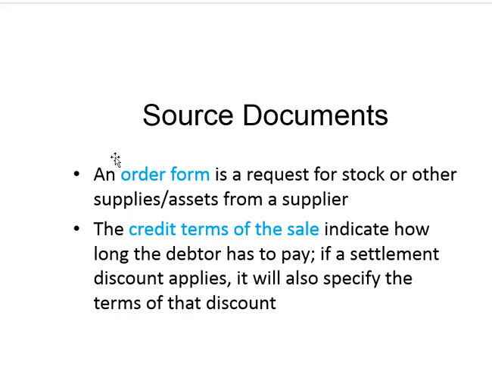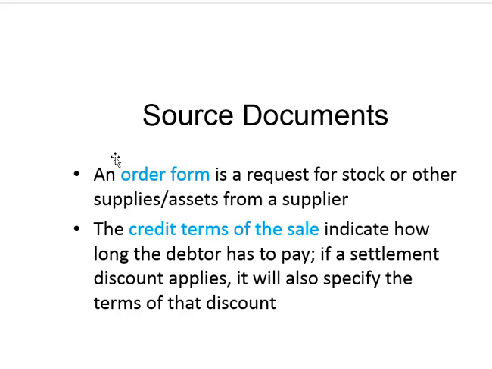So just say we order 5 chairs, then when the chairs are received by us, they will have an accompanying invoice. We'd usually just attach the order form to our invoice. The invoice is actually the source document.